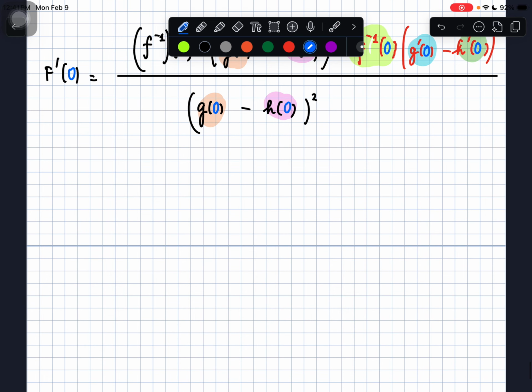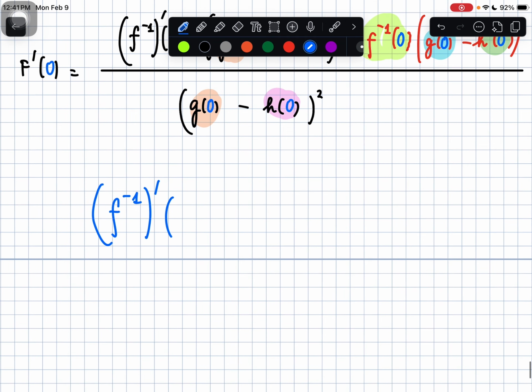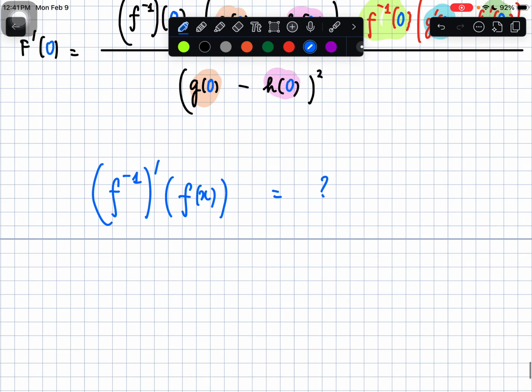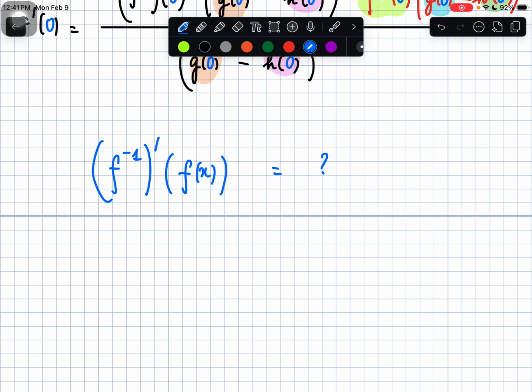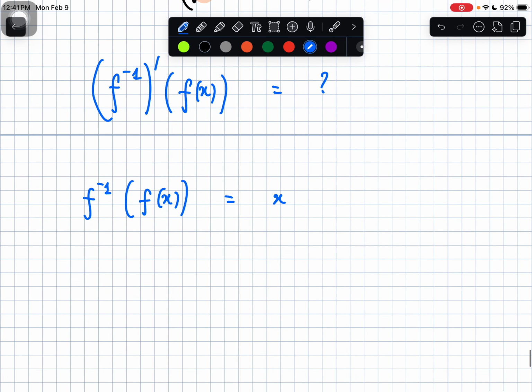F inverse prime of something. So here's one formula you should know. We know that f inverse of f of x equal to x, the identity, sends x to x.